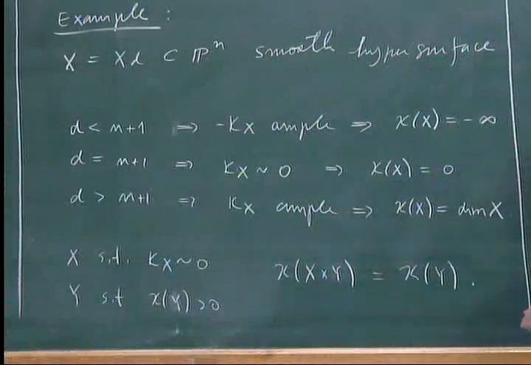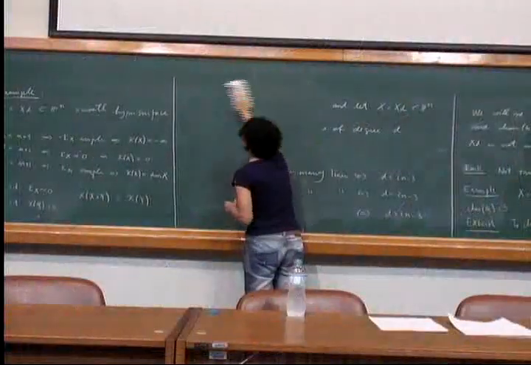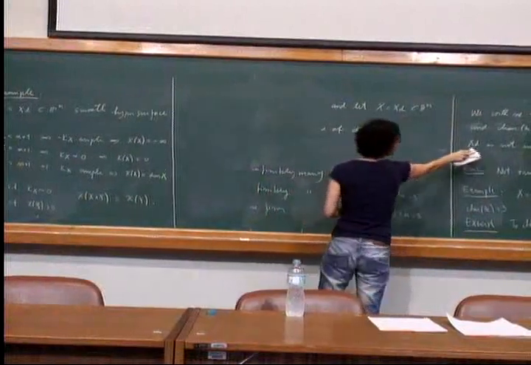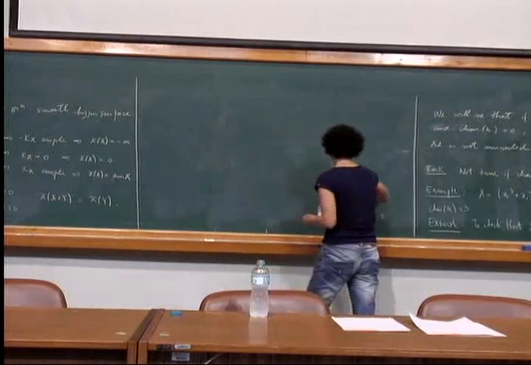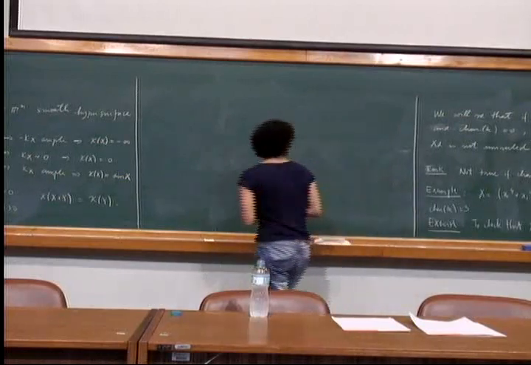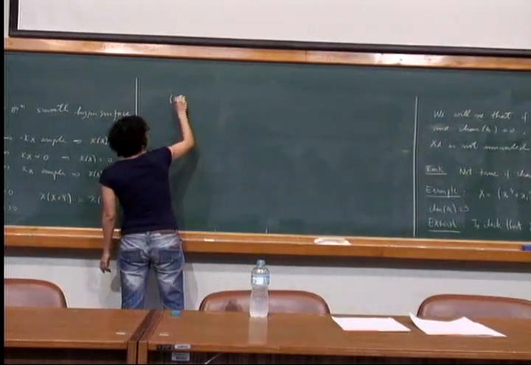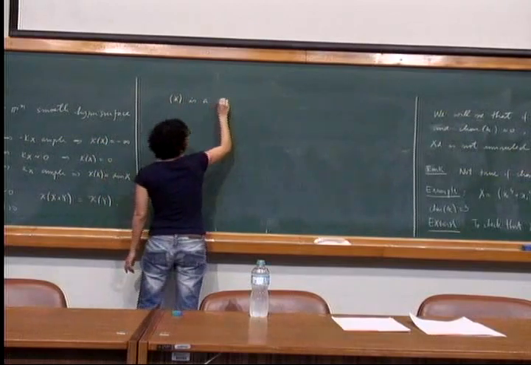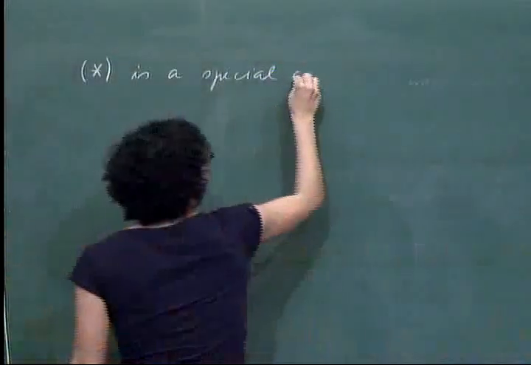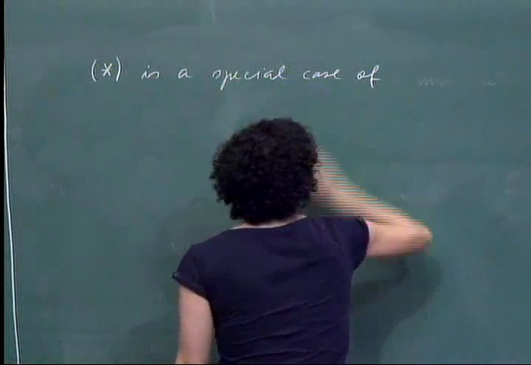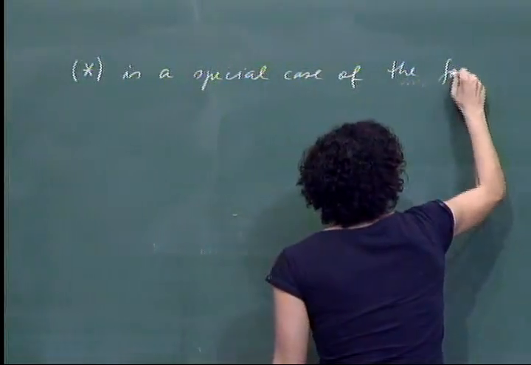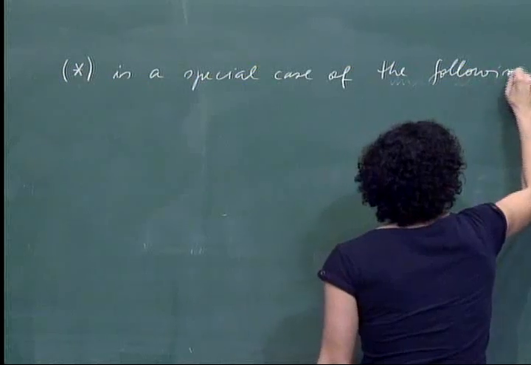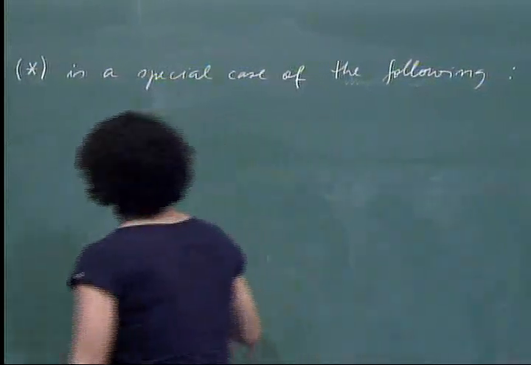So let me just go back, once we have this definition, let me go back to this statement here. So star is a special case of the following proposition.